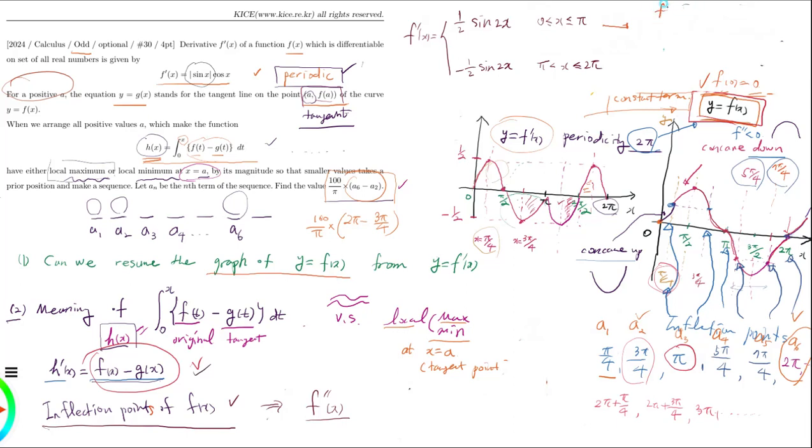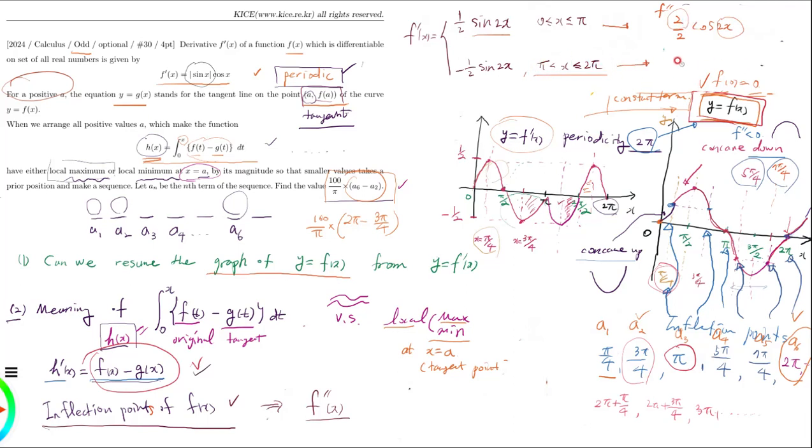and then we have f double prime. Derivative of sine gives us a cosine of 2x, and by the chain rule we have another factor 2 here.